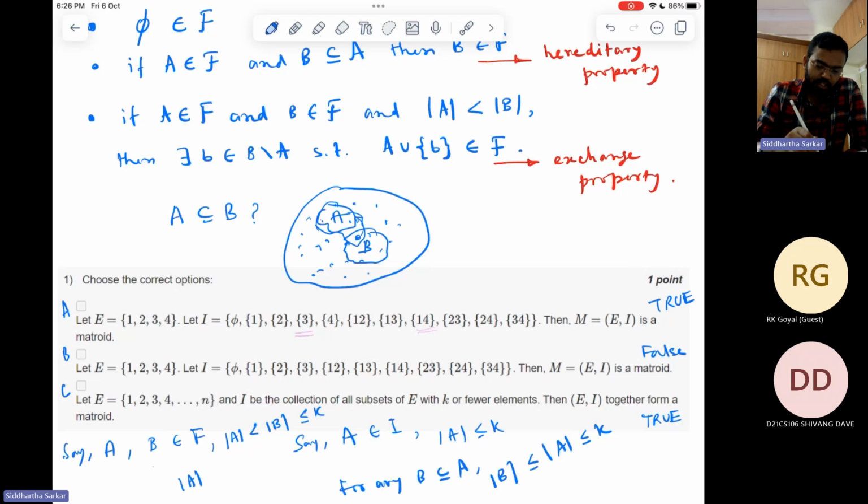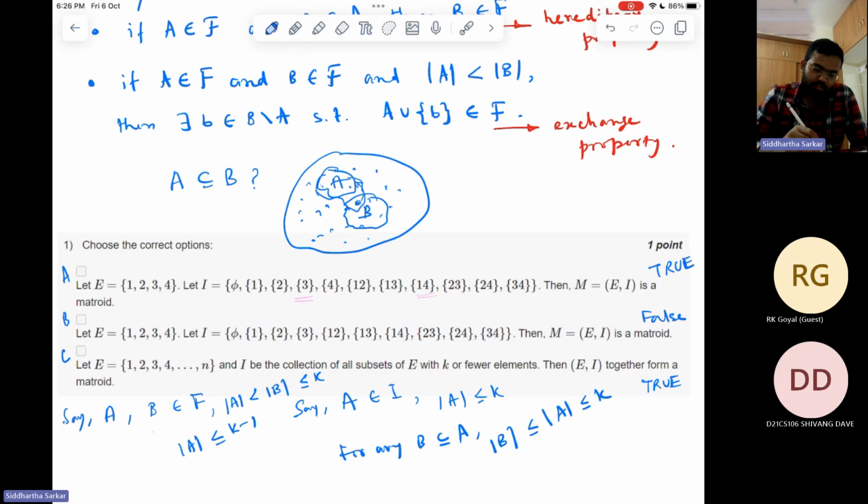So the cardinality of A is at most K minus 1 because the cardinality of A is strictly less than the cardinality of B. So there is at least one element which is in B but not in A.